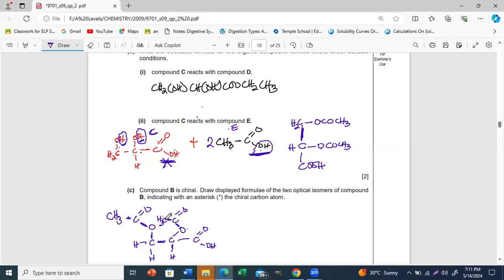Or if you follow the other way around, you can write COOCH2, then draw your bond, then CH followed by COOCH3, then draw your bond again, then write your COOH.